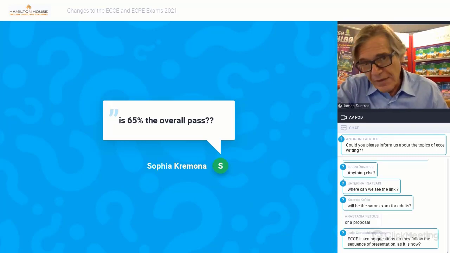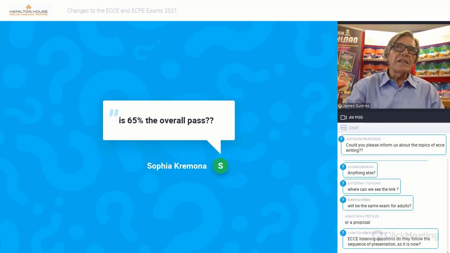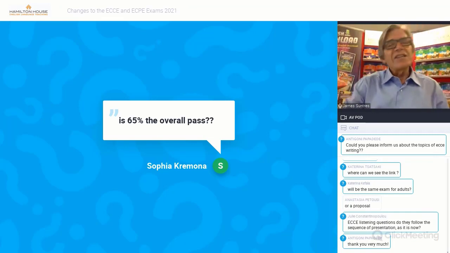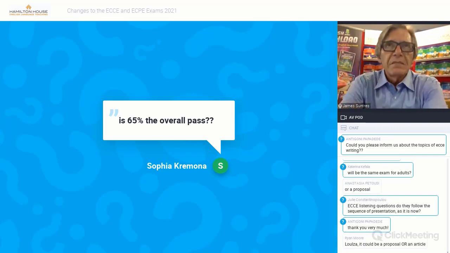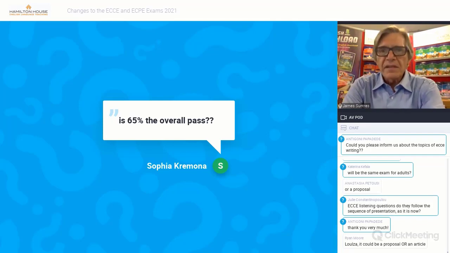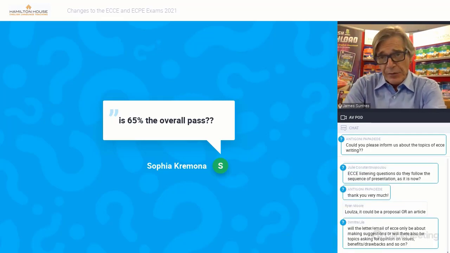Is 65% the overall pass? So 65%, that's a very general number given to teachers and language school owners. Let's say about 65. The reason being is that let's not forget that the Americans love their psychometric testing.